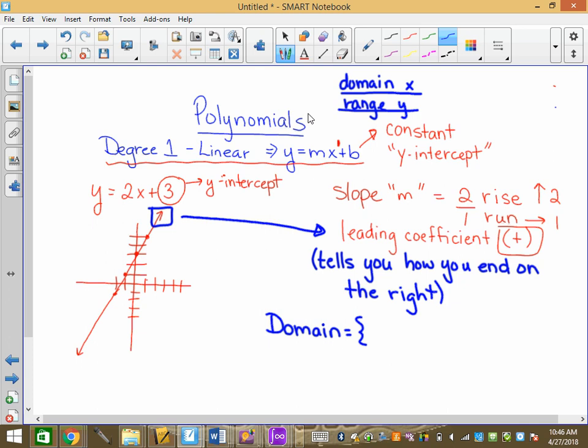So we have a graph that goes like this. We agree? So is there any x values on that graph that don't exist? Like 0 is here, -1's down here, -2, -3, -4, -5, -6, and so on. And then all the x values positive: 1, 2, 3, 4, 5, 6. Can I find an x value on that graph for every x value? The only time you can't is if it was something like this.